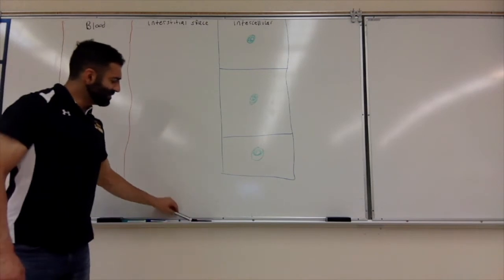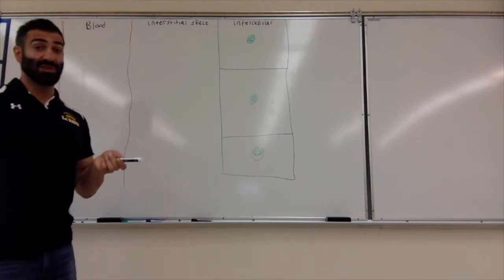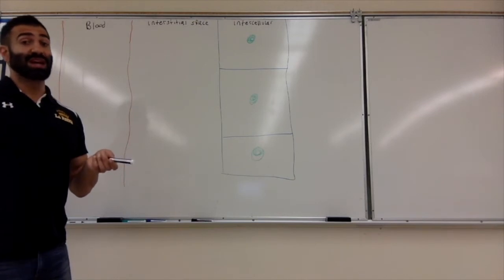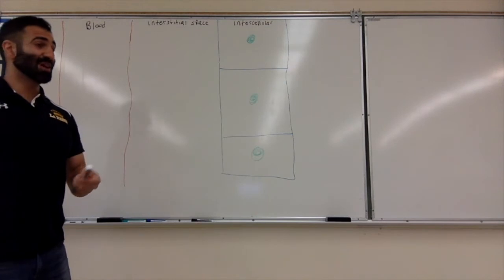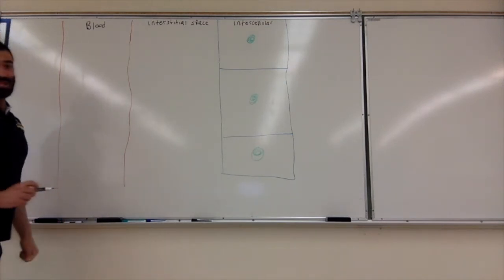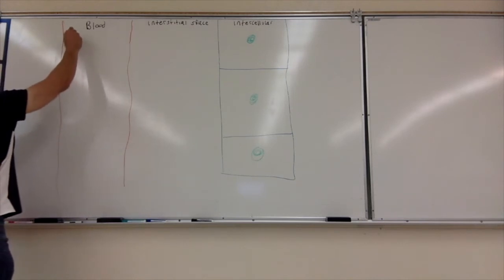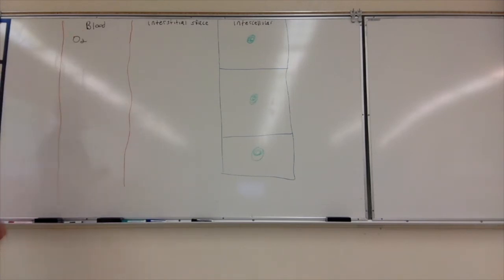So let's just talk, and normally this would be the part where I ask for students to volunteer. What are some things that are carried through our blood? Can't really do that now, so I'll go ahead and just throw it at you. The first thing is going to be oxygen. So oxygen, or O2, is carried through the blood.